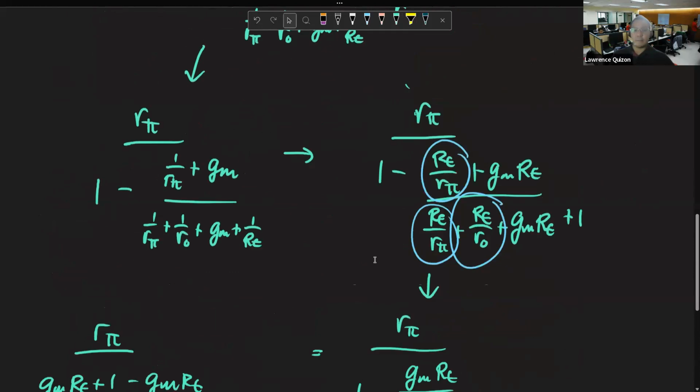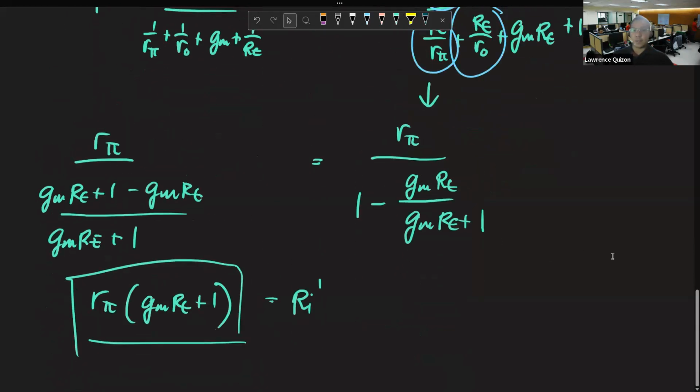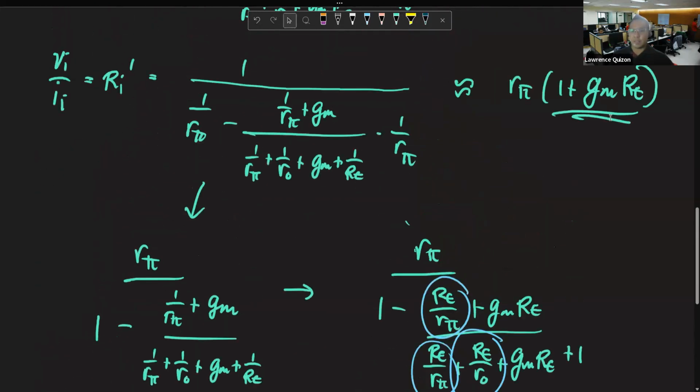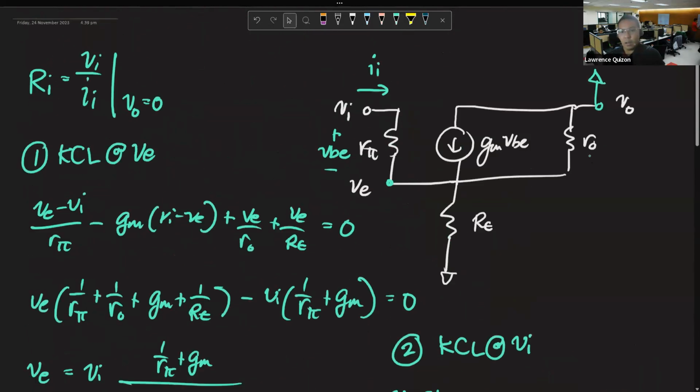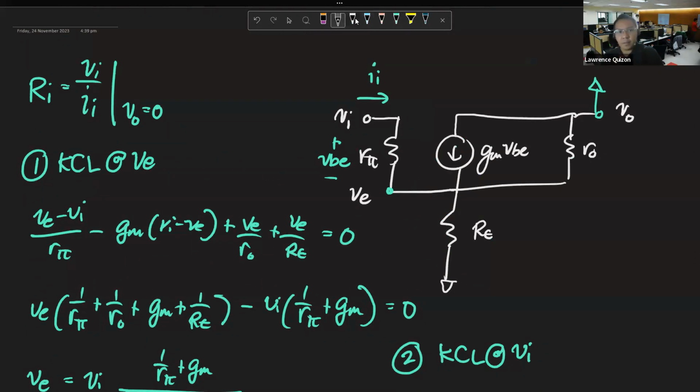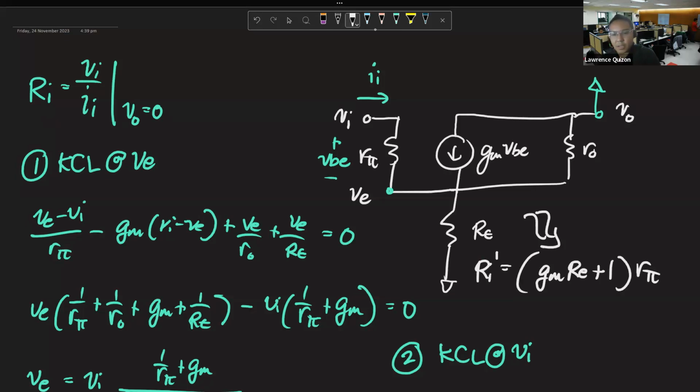Alright? So, we get this. No? So, this turns into GM RE plus 1 times R pi is equal to Rn prime. Alright?